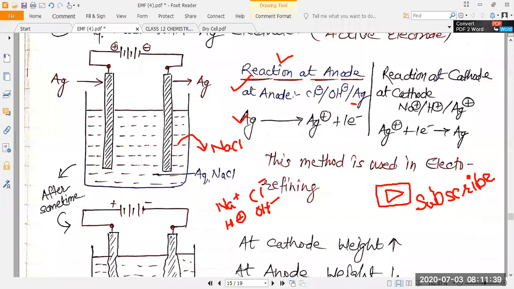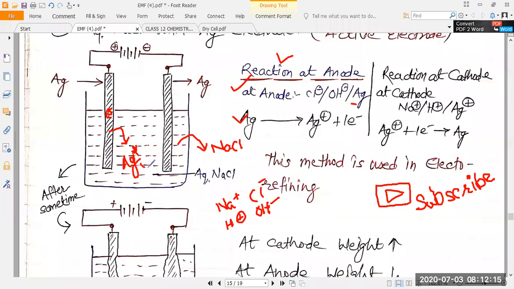Next, at the cathode, there are also three types of ions. When silver donates an electron and converts into Ag plus, this Ag plus comes into the electrolytic solution, and the electron remains on the anode electrode.